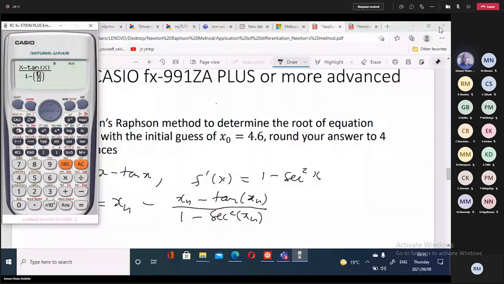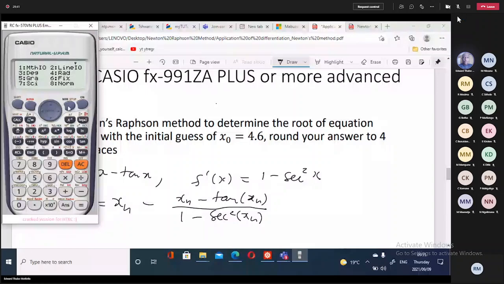Okay, 1 over cos, and then alpha x. Then we close that. And then we can square it here outside. Then square it. Yeah, let's change that. I forgot.